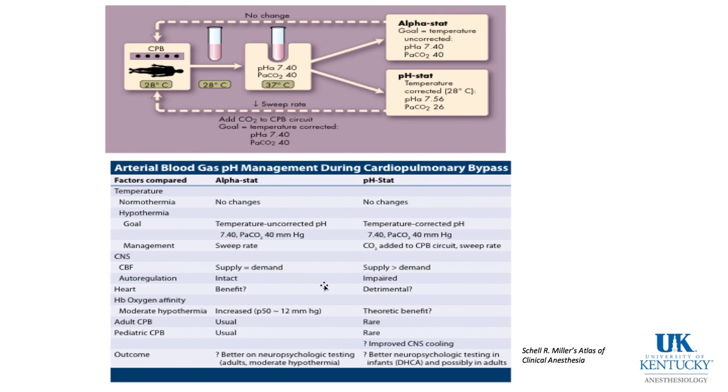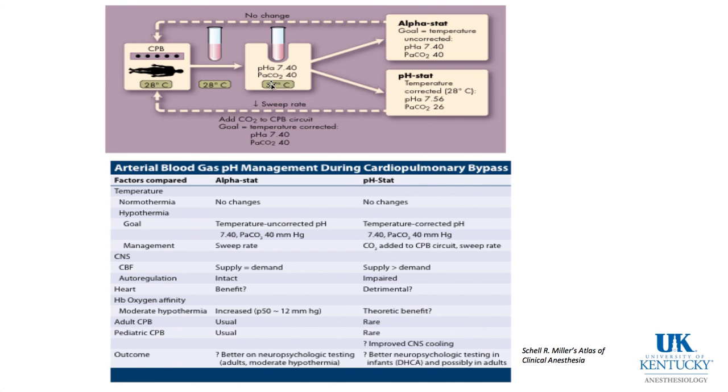And the reason why is because when someone is on cardiopulmonary bypass, for example, at 28 degrees, you draw their blood from them, and the blood is 28 degrees, and you put it in a blood gas machine. The blood gas machine warms it standardly to 37 degrees and reports a blood gas based upon what it would be if the temperature was 37 degrees. But the patient's temperature itself is not 37 degrees, it's actually colder.